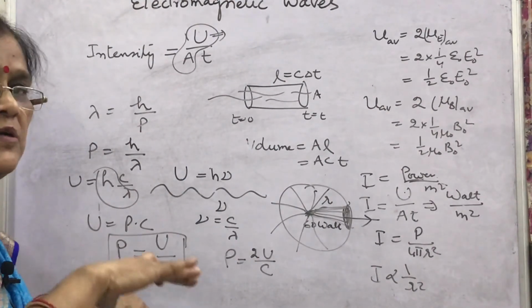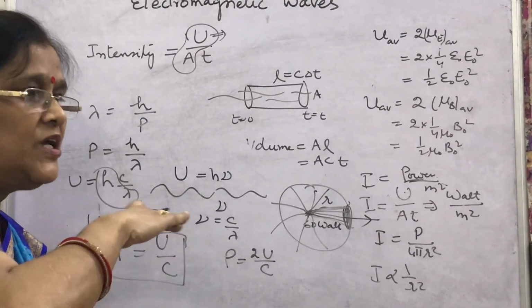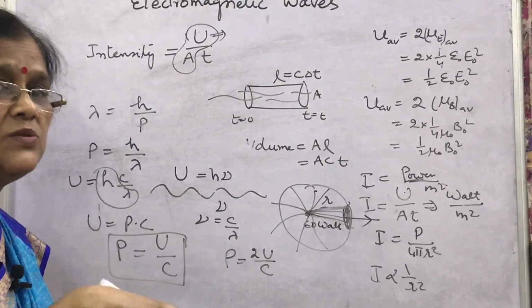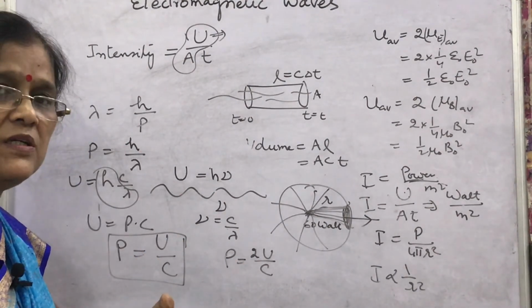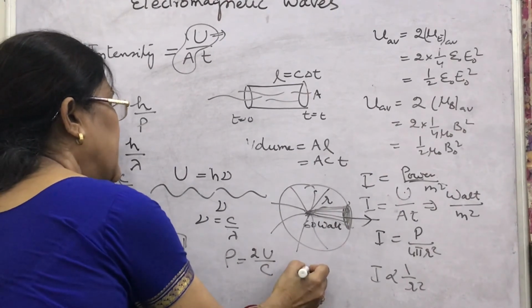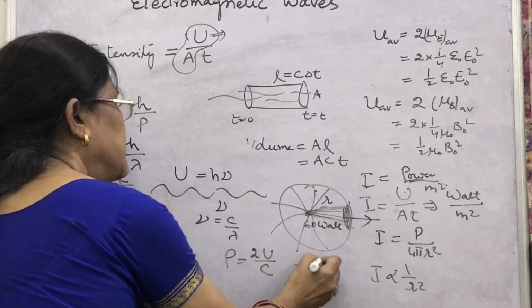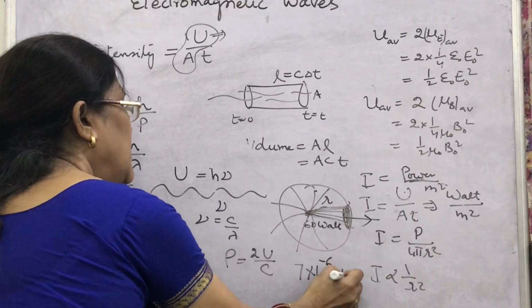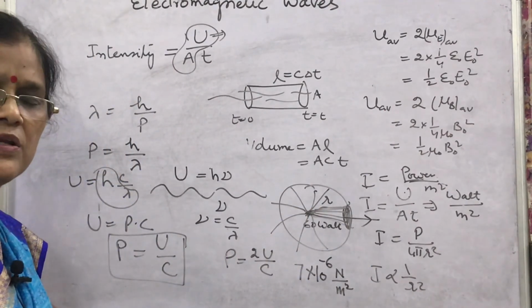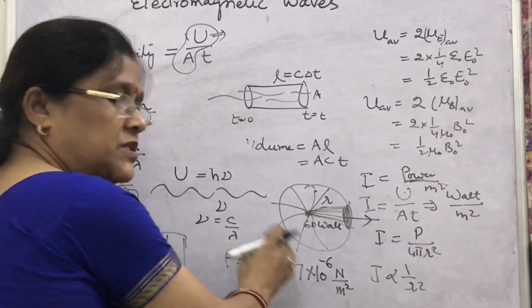Also, EM waves exert pressure on surfaces, and that pressure is also very, very small. It has been obtained that the pressure exerted by EM waves is 7 into 10 to the power minus 6 Newton per meter square. This is called radiation pressure.